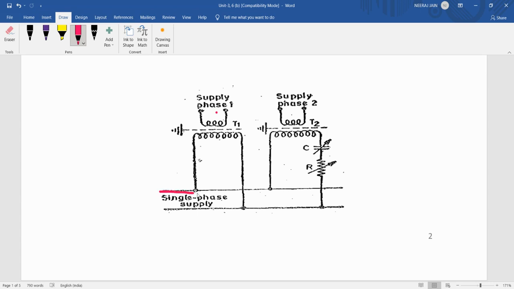It is a single phase supply, and a 90-degree phase shift is created by this RC circuit through the transformers T1 and T2, which are step down transformers and generate about 6 volt output voltage.